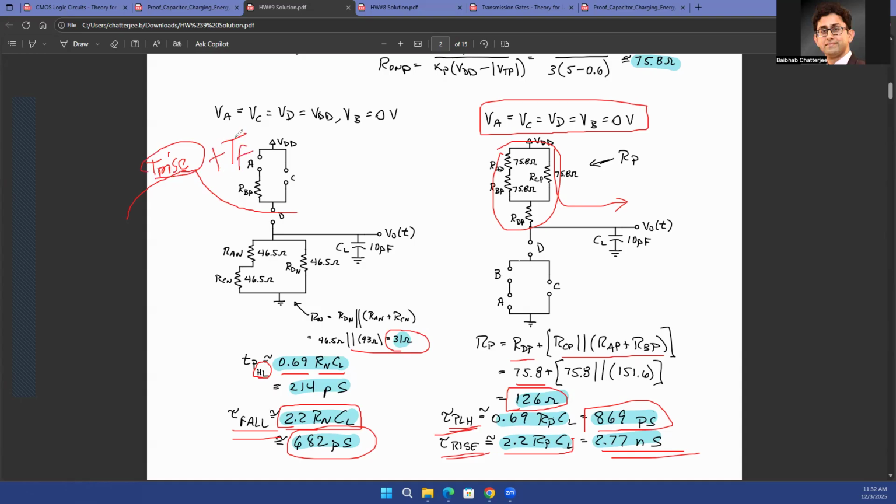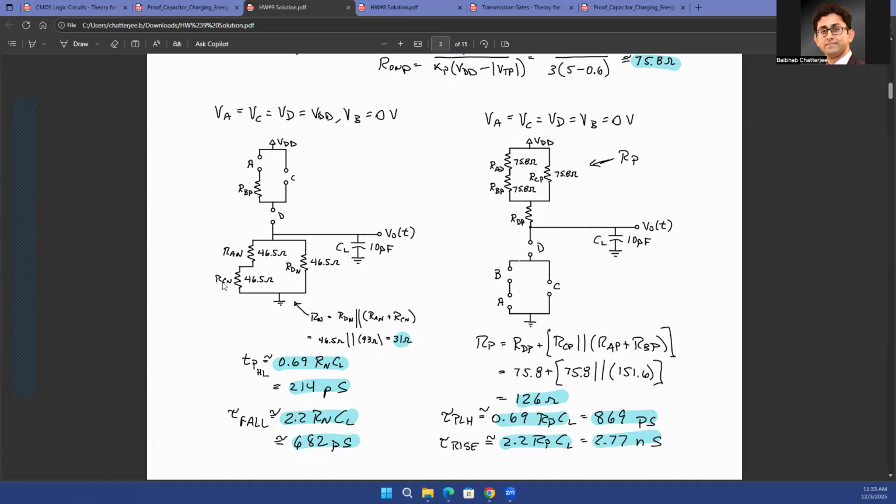You have to give the output time to rise and time to fall before you can start the next cycle of rise and fall. So your maximum frequency will be determined by your T rise and T fall. So 1 over T rise plus T fall is the maximum frequency at which you can operate your circuit. That is the way to find the maximum operating frequency of any digital circuit. All right, questions?